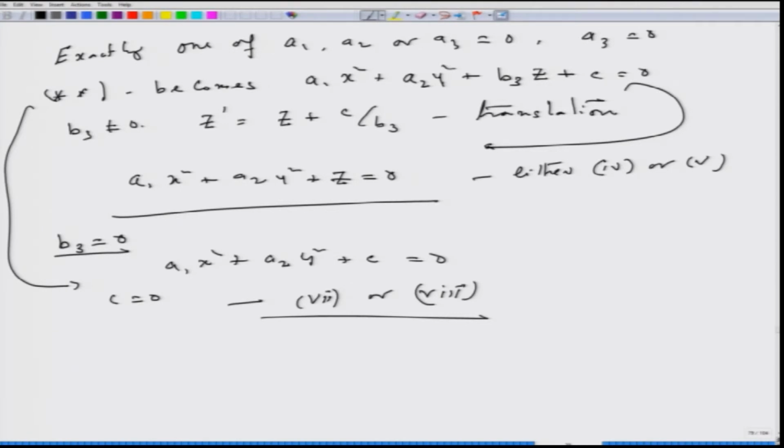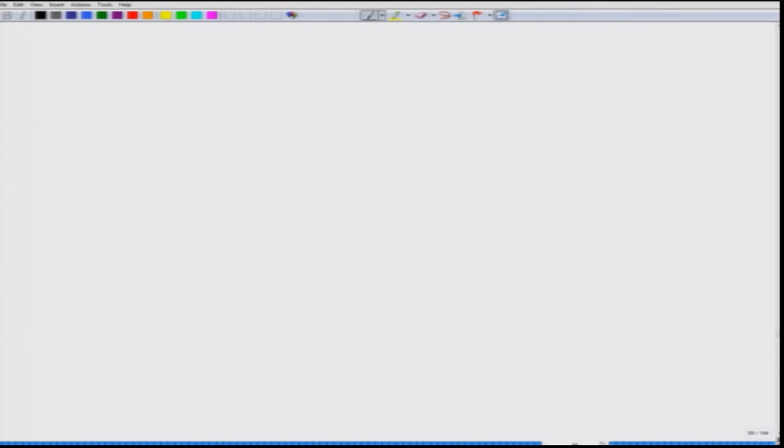Now, suppose 2 of them are 0. If A2 equal to 0 and A3 equal to 0, you know the trick now. Then actually our equation becomes A1 x square, B2 will remain, B3 will remain, plus C equal to 0.